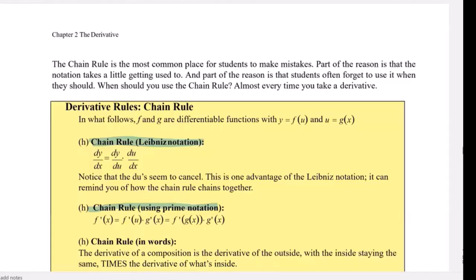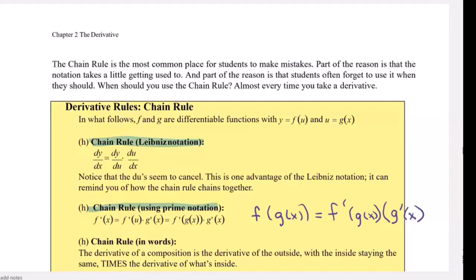So let me rewrite this: if I want to take the derivative of f of g of x, it's equal to the derivative of f, where I put g of x in here, times the derivative of the inside function.